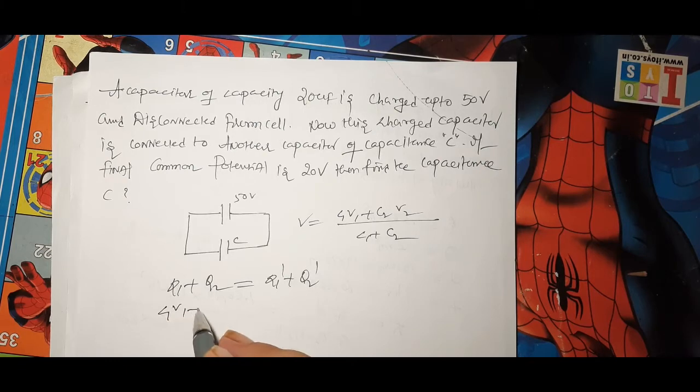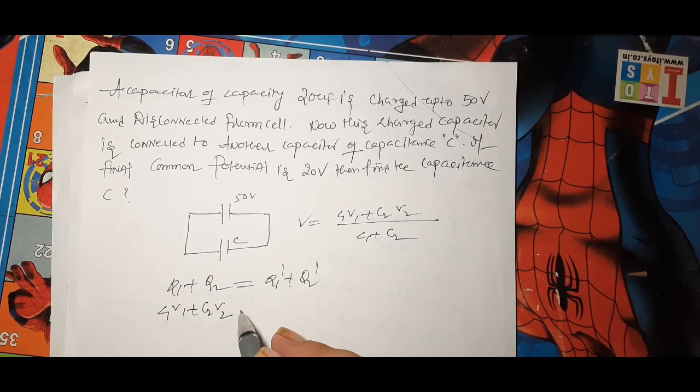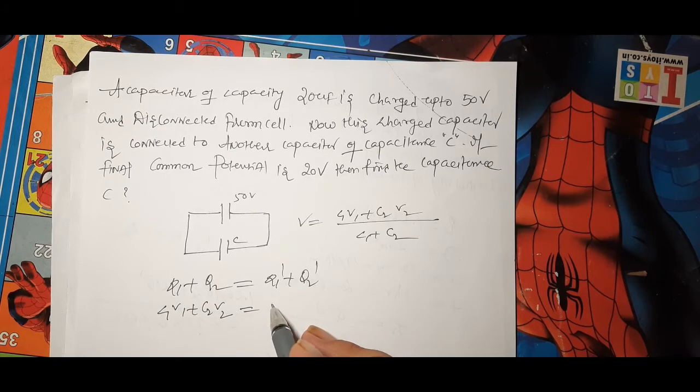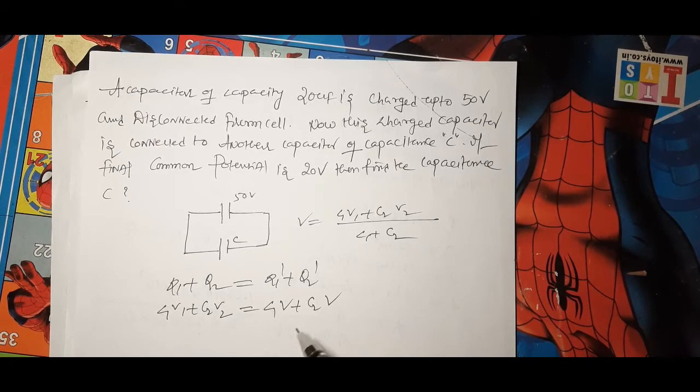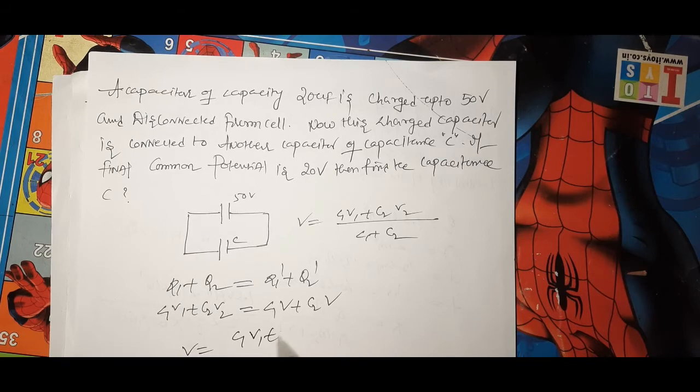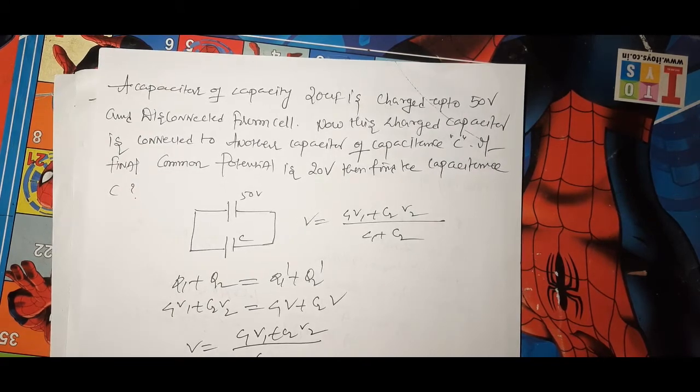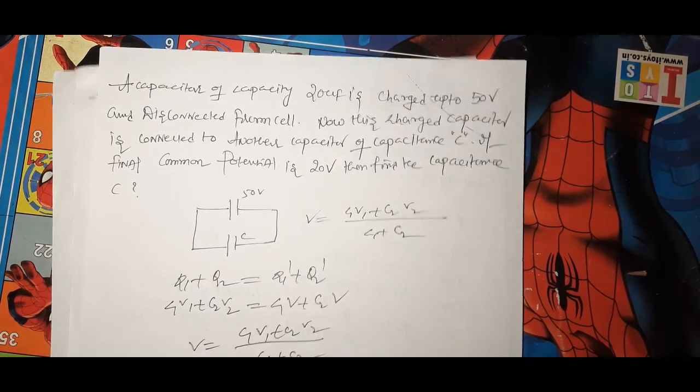Q1 plus Q2, that is C1 V1 plus C2 V2, is equal to Q1 dash plus Q2 dash, that is C1 V plus C2 V. That means they attain common potential V, equal to how much? C1 V1 plus C2 V2 divided by C1 plus C2. Now substitute these values.